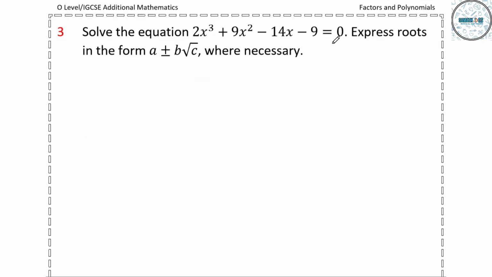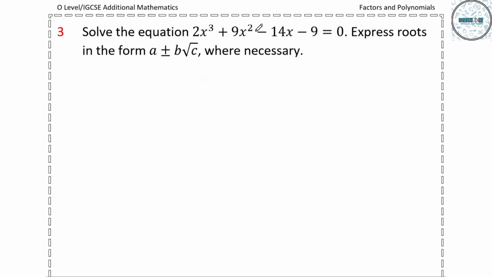Whenever we have to solve a cubic equation, we first factorize the cubic expression, and then we equate each factor to 0 to find out the values of x. The same way as we solve quadratic equations, first we factorize, then we equate each factor to 0 to find out the roots.